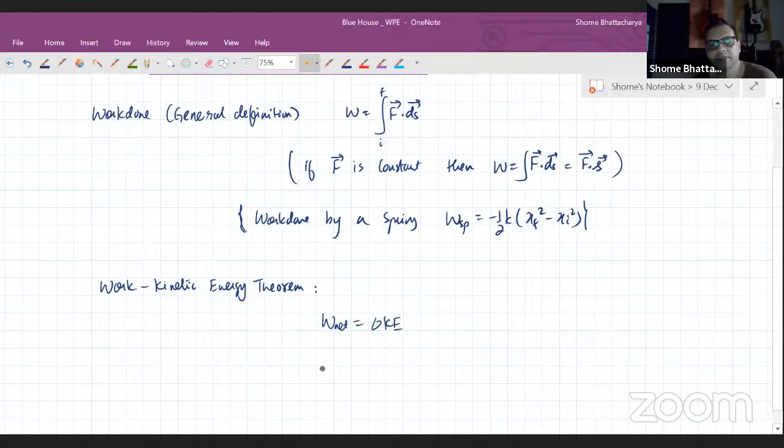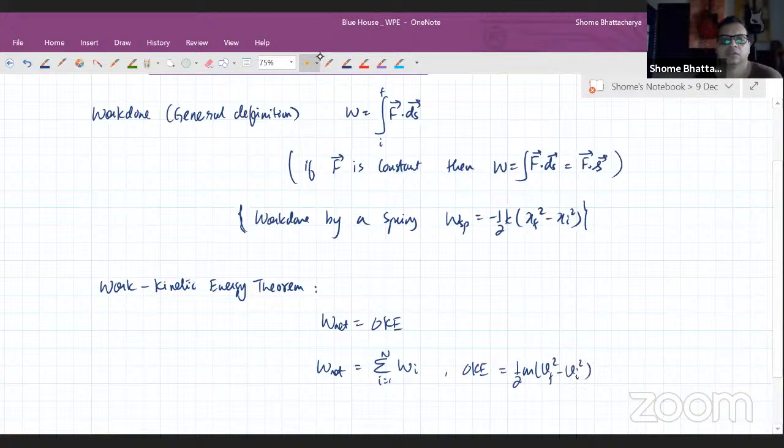Net work done was the summation of work done by all the forces, and change in kinetic energy was half m into final speed square minus initial speed square. So these were some of the aspects that we saw in the last lecture.